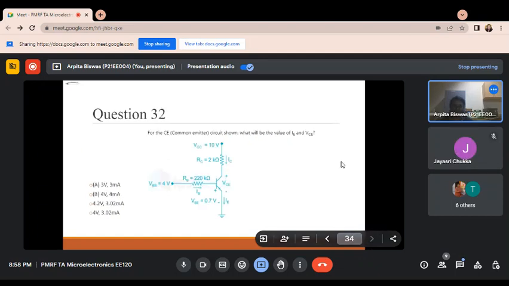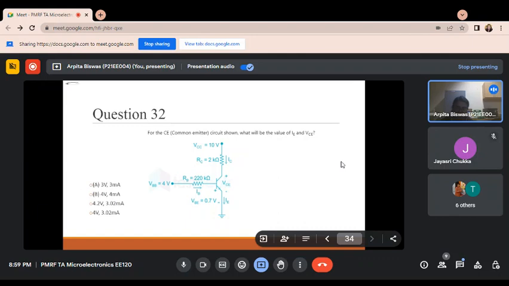So here for the common emitter circuit which is shown here, what will be the value of IE and VCE? So please calculate. This is a little hint that you have to find one equation. First you can take a loop from VBB to this VBE from base to emitter, and then another loop from collector to this emitter side.